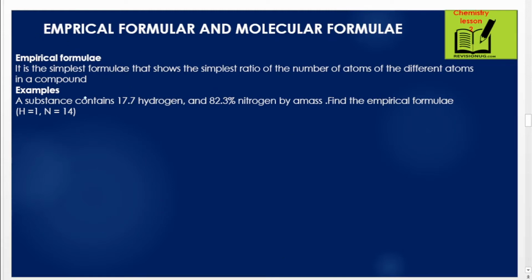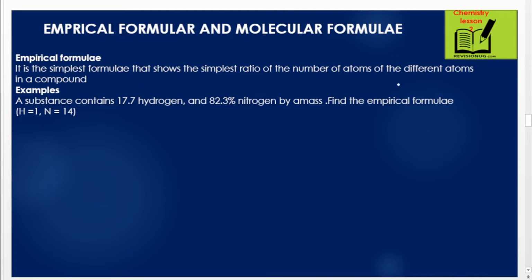So let us understand what an empirical formula means. It is the simplest formula, a very simple formula that shows the simplest ratio. We are comparing the number of different atoms in a compound.